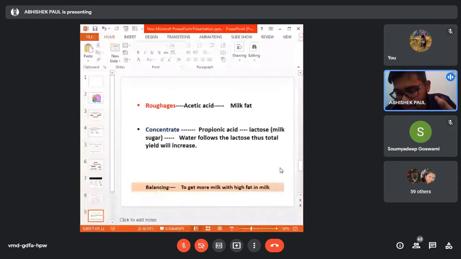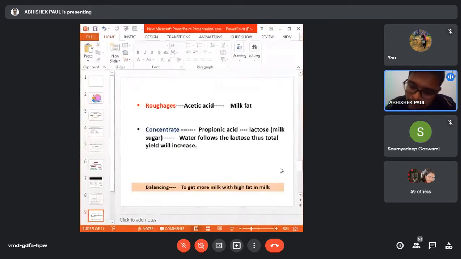Suppose I give you one example. One cow is producing 10 liters of milk with 2% fat. Another cow is producing 8 liters of milk but with 3% fat. The price of the milk depends on the fat percentage. The milk which contains more fat, the price will be higher.